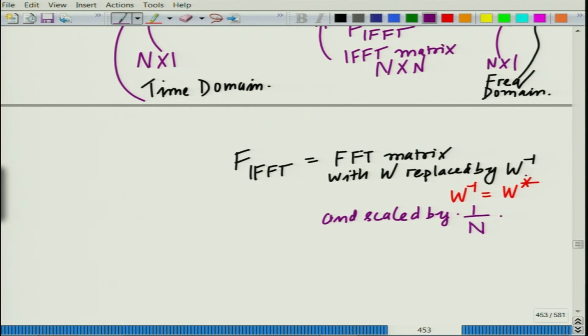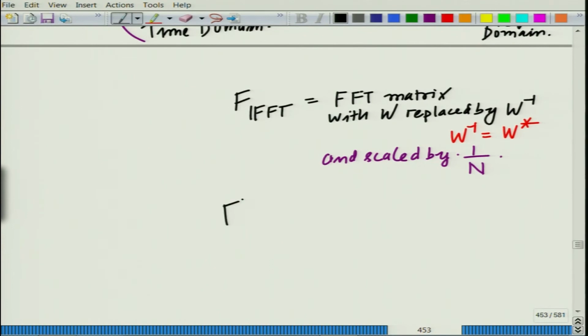And therefore, since it is replaced by W conjugate scaled by 1 over n, it is essentially the conjugate of the FFT matrix, and in addition you will have the scaling factor of 1 over n. So, you can see an important relation: F IFFT equals the FFT conjugate, or since it exploits the transpose symmetry, conjugate will be the same as Hermitian, right.